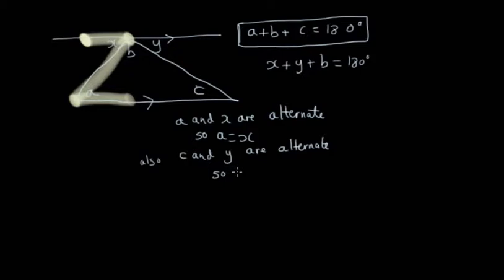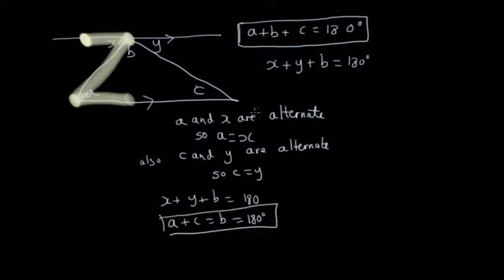So C equals Y. Now we know X add Y add B equals 180, but if we replace the Y and the X with A and C, we've got A add C add B equals 180, which is the same as up here. We've just proven that the angles of a triangle always add up to 180.